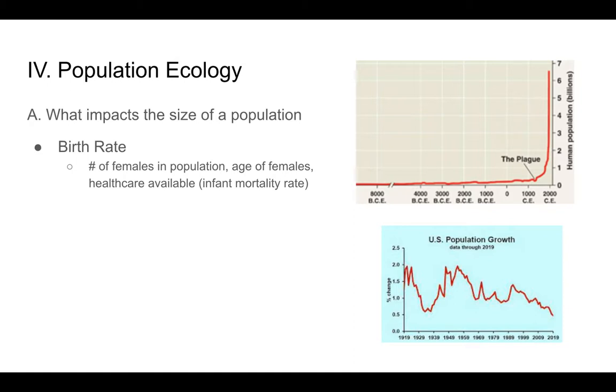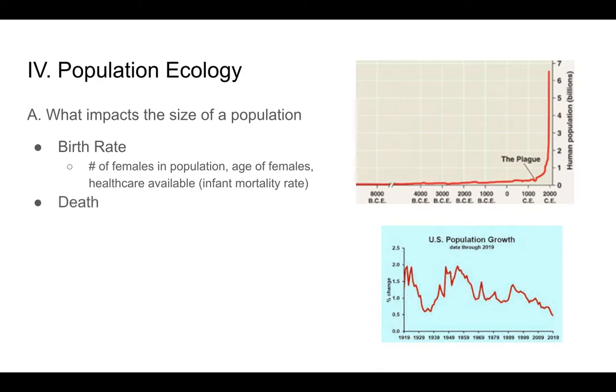So when we think about birth rates, you can look at the breakdown of a population and start to infer that population is going to have a high birth rate because there are a lot of reproductively active females. Or that population is going to have a really low birth rate, probably because they have a lack of healthcare and the females are possibly older and not reproducing.